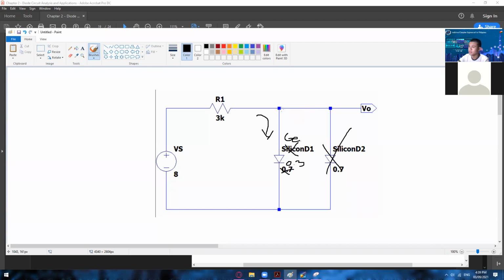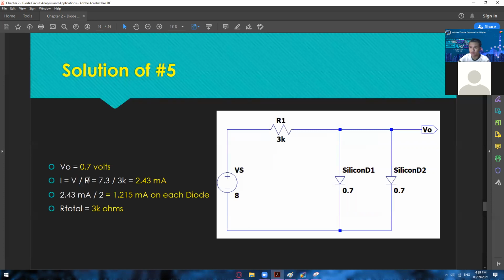As a result, this is now the reading of our VO, which is 0.3 volts. Of course, you have to change this one wherein this will become 7.7 divided by 3K, and that is now your answer in here. And you don't need to divide it anymore, since this will not work anymore as a path, since this will become an open circuit. So I hope we're clear with that, just in case that kind of situation happens.